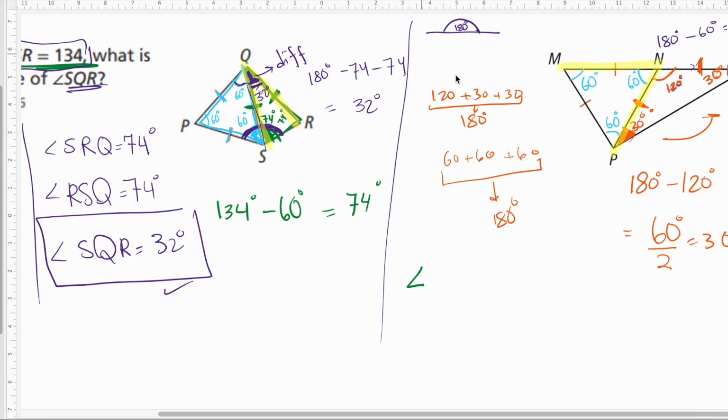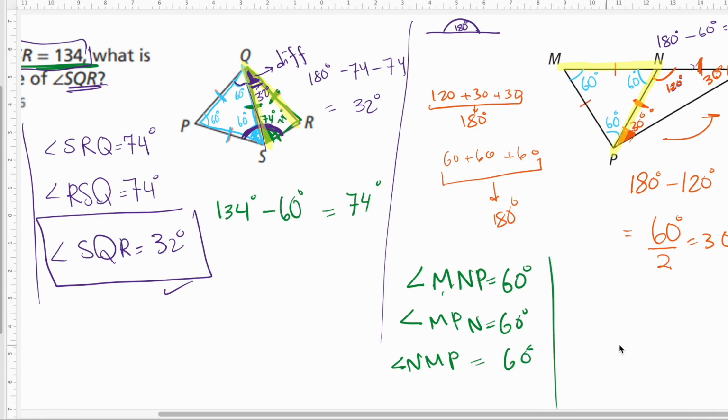Did you see they did not give us anything? Still we managed to find all. MNP is 60. I'm not going to highlight, I will go directly quickly. So the other angle MPN is also 60, and the angle NMP, please make sure to trace it out correctly, NMP is also 60.